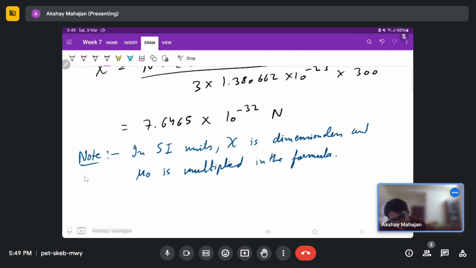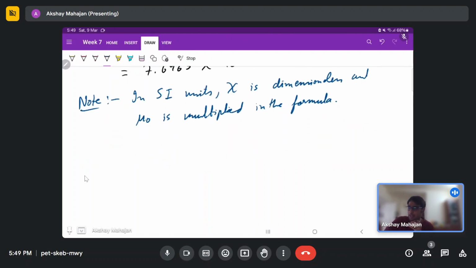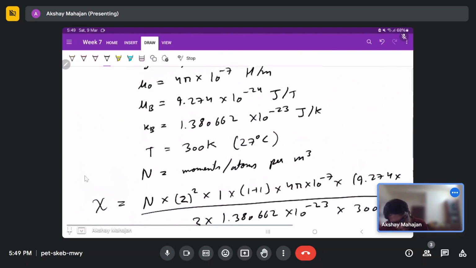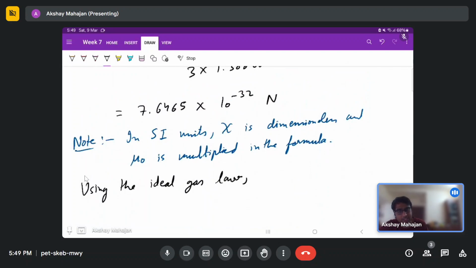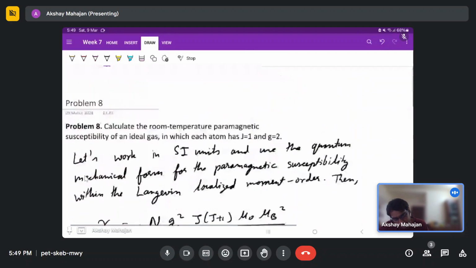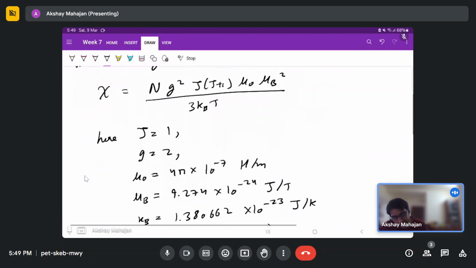Yes, this is mu naught. Now using the ideal gas law: to find the susceptibility, we need to find this capital N, and it is given in the problem that we have to consider it as an ideal gas, so we can use the ideal gas law.